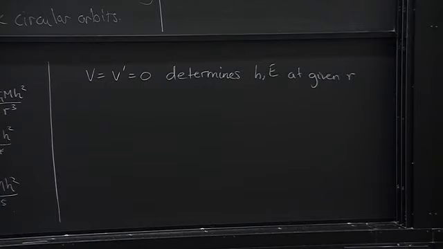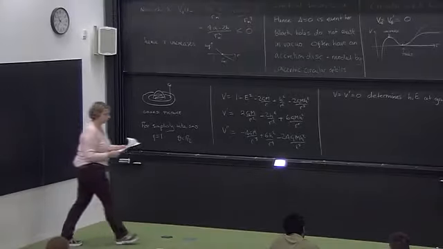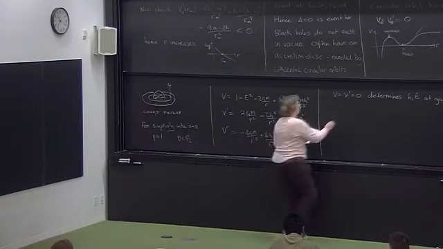Once we say our circular orbit is V equals V prime equals 0, that then determines our angular momentum and our energy at a given radius. So we simply solve.